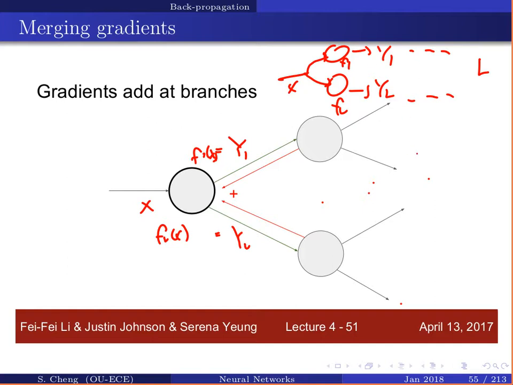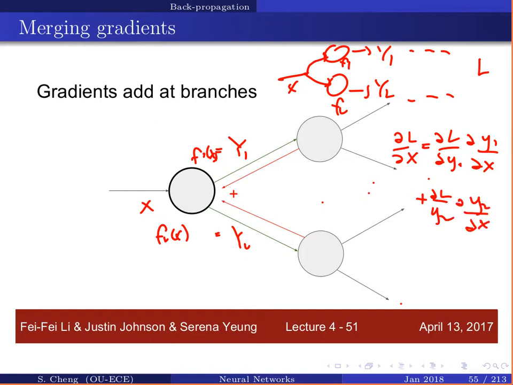By chain rule, the partial derivative of L with respect to x is equal to the partial of L with respect to y1 times partial y1 with respect to x, plus partial L with respect to y2 times partial y2 with respect to x.